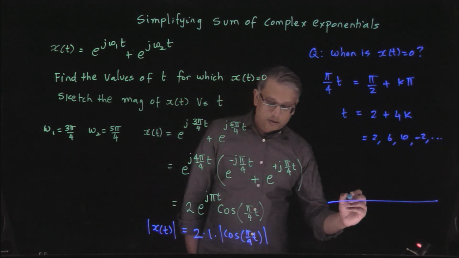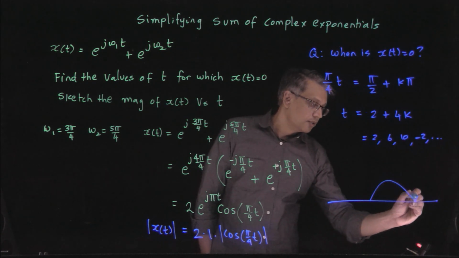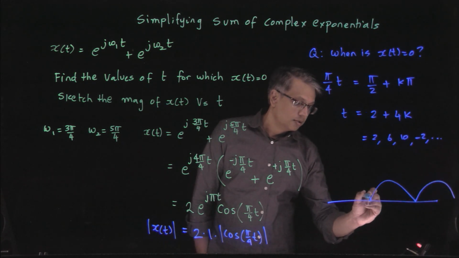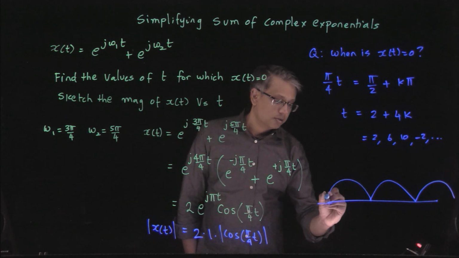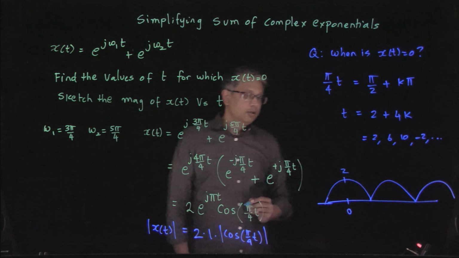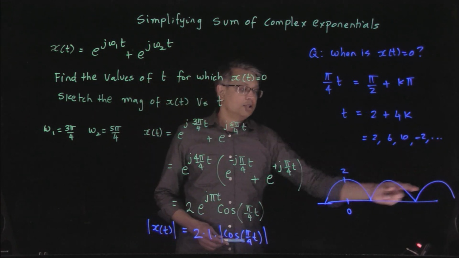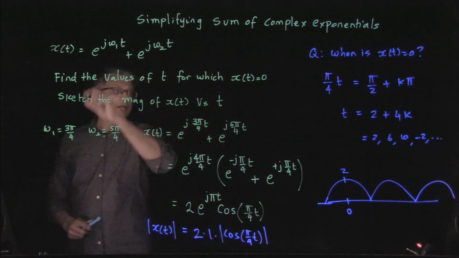So it's just going to cross zeros every 4 apart. So it's like this. So at 0, the magnitude is going to be 2, but you can see that it's rather easy to sketch this function than try to directly sketch this function.